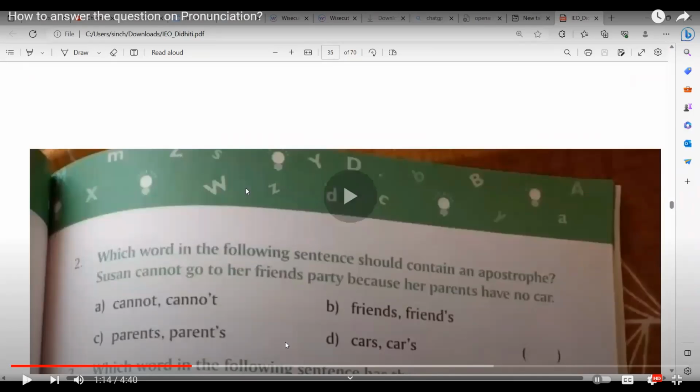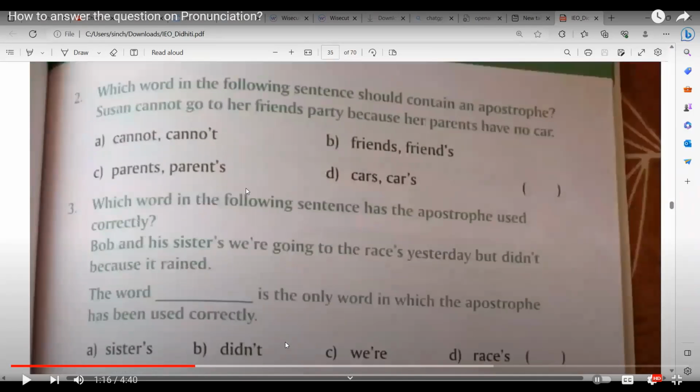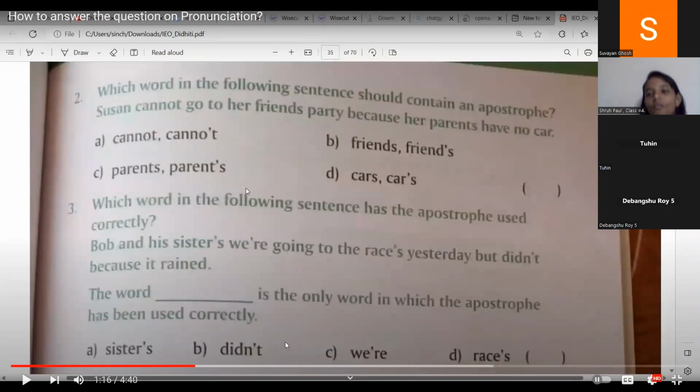Excellent, beta. Okay, Devanshu, tell me the next one. Devanshu, can you tell me number 3? Yes, ma'am.